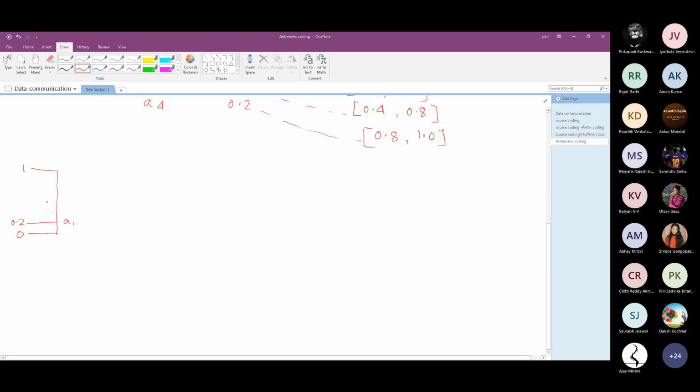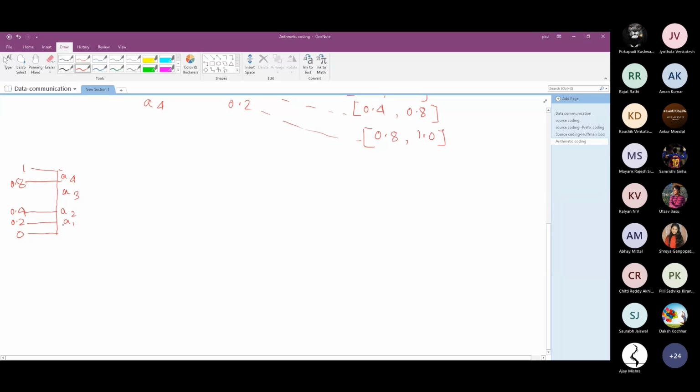0 to 0.2 is A1, 0.2 to 0.4 is A2, 0.4 to 0.8 is A3, and this interval 0.8 to 1 is A4.